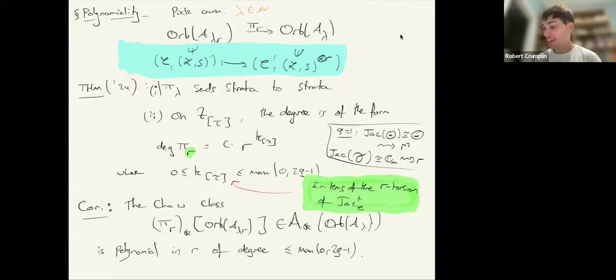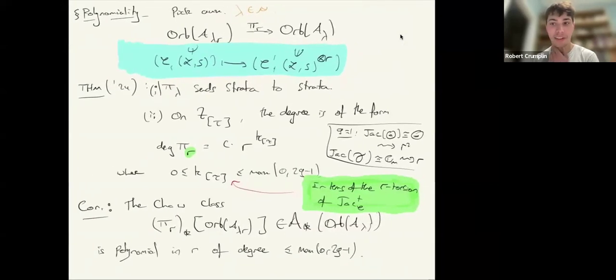So a formal way to say that is that we can push forward the fundamental class of our space via this map, and it's polynomial in the routing parameter. And the coefficients of the polynomial are really Chow classes in this space. They're cycles in this space. But it's really just this observation that you're summing up different monomials. Great.